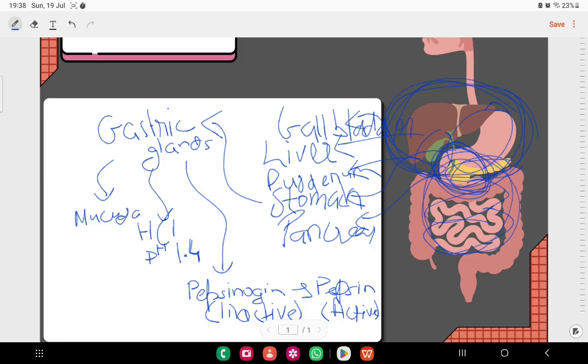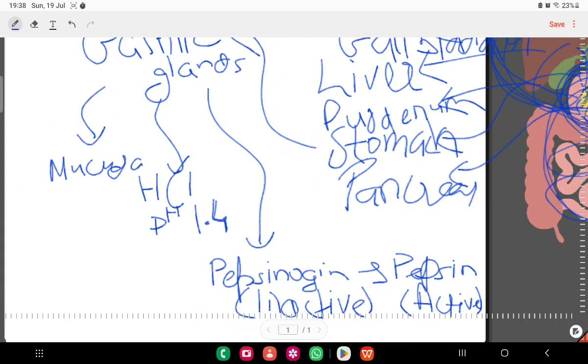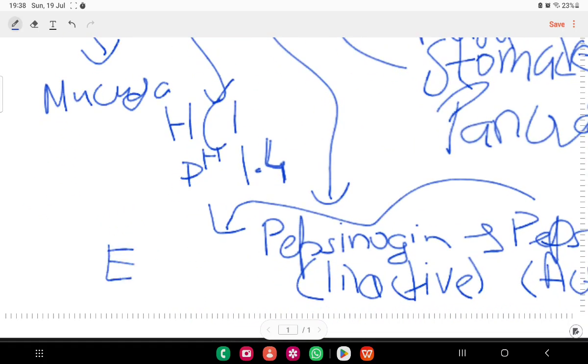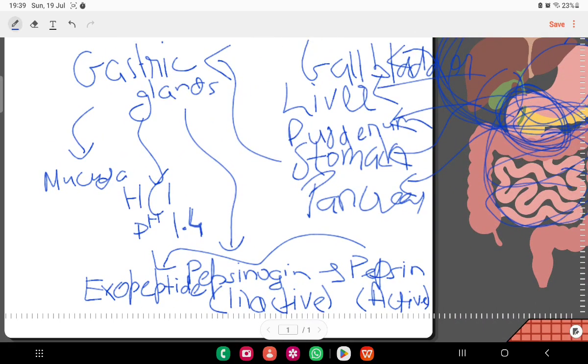So obviously, this pepsin right here is also called peptide, I think, or exopeptide. Okay, let me clear it up a bit.